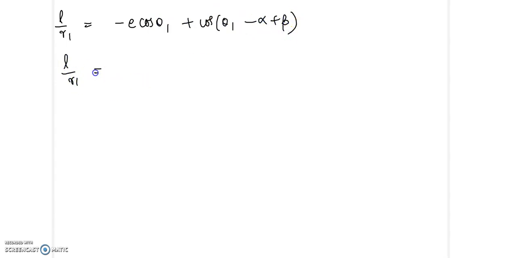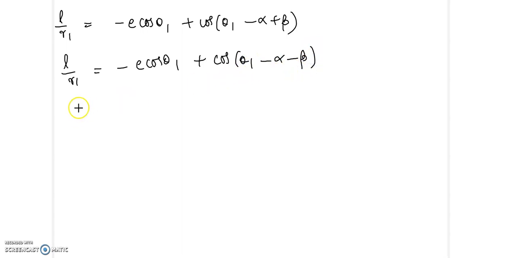We will get l by r1 equal to minus e cos theta 1 plus cos of theta 1 minus alpha plus beta, and l by r1 equal to minus e cos theta 1 plus cos of theta 1 minus alpha minus beta.